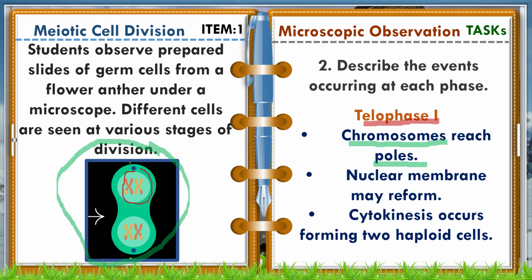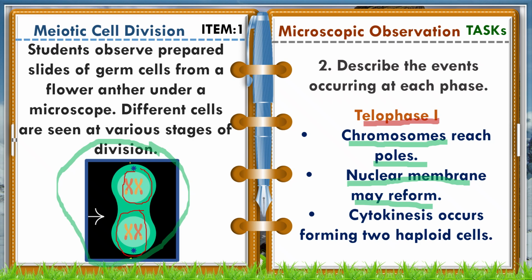They have separated and they have reached the different poles. And then also the nuclear membrane may reform. So we can see here that the nuclear membrane has started forming. They are forming a nuclear membrane around the chromosomes.